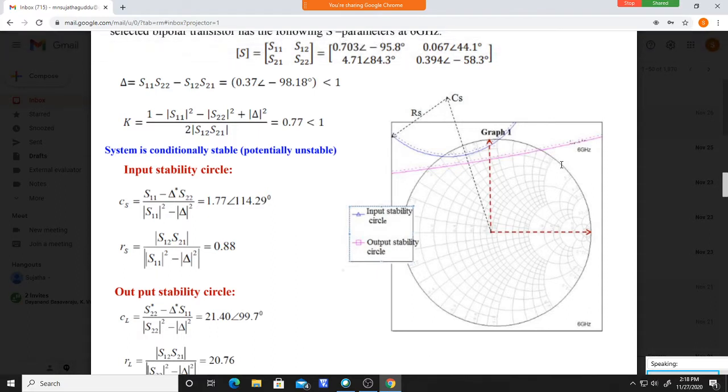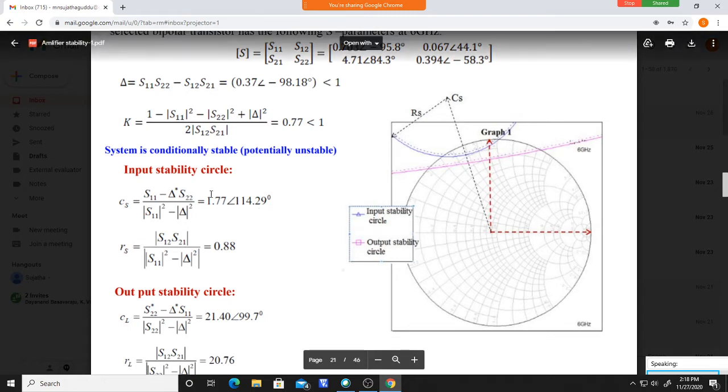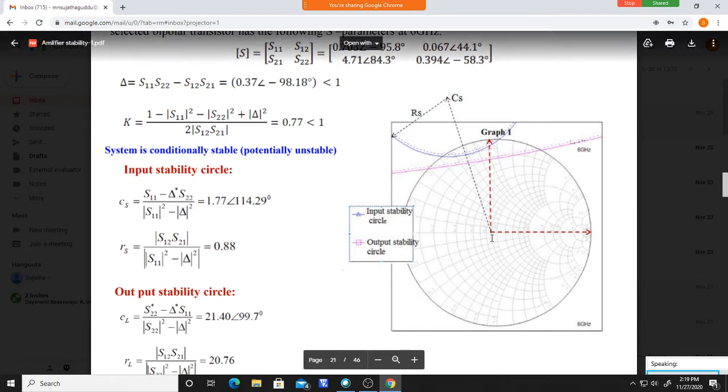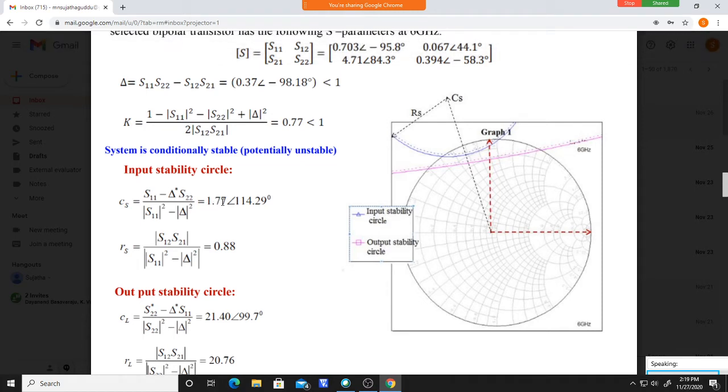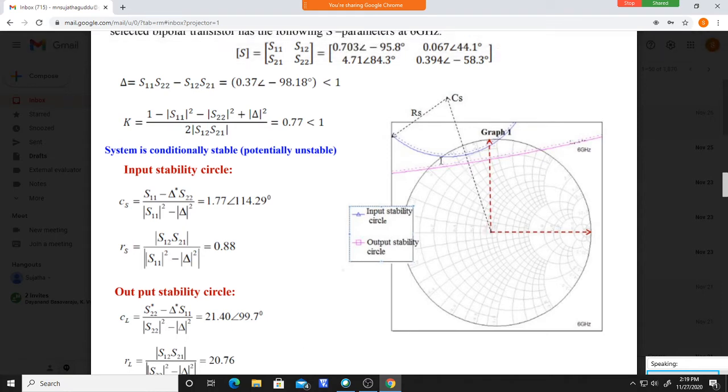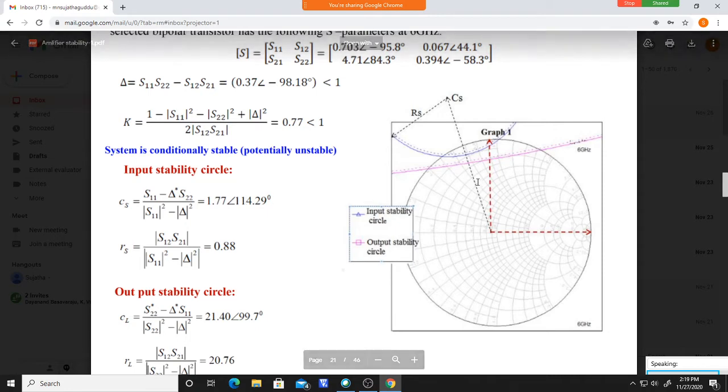For example, it is 6 centimeters, so you multiply 1.77 by 6, and you get about 9 point something. So from here, on this 114 degree line, you mark those many centimeters.